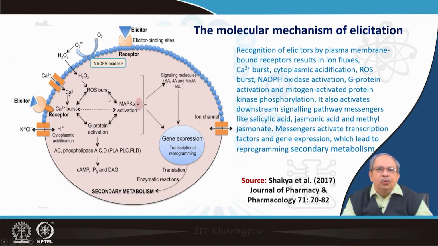So, in other words, ROS burst, G protein activation, and H2O2 activate the MAP kinase enzymes, that leads to activation of certain signaling molecules, including jasmonates, and as a result, it activates several transcription factors, and that again activates the specialized metabolite genes, and eventually it produces the enzyme proteins in higher amounts.